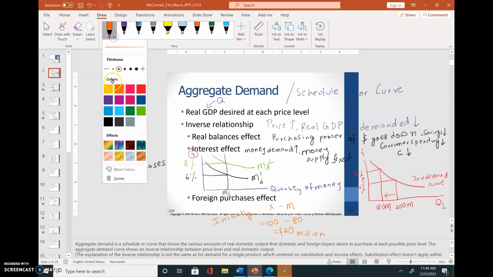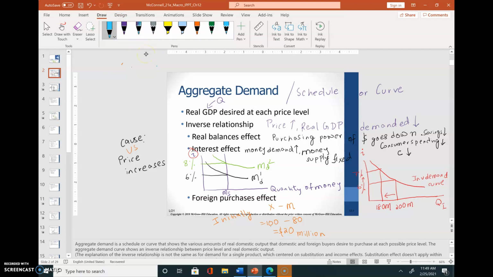Now say US prices went up. So the US would want to do what? They would want to import more. So people in the US want to import more, and say this went up from 80 all the way to 90. And foreigners would want to buy less US goods because US prices went up.